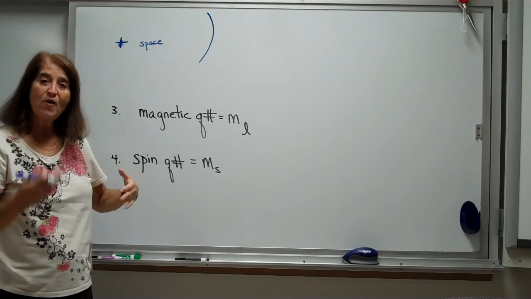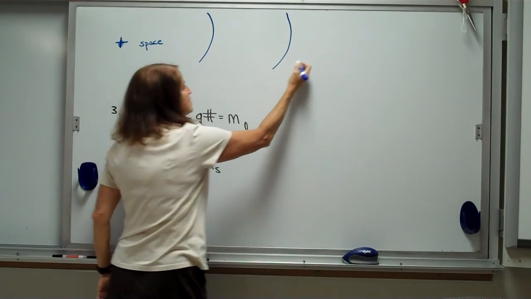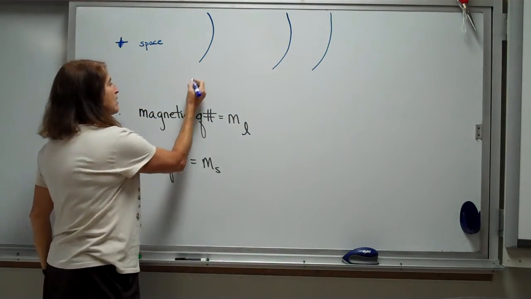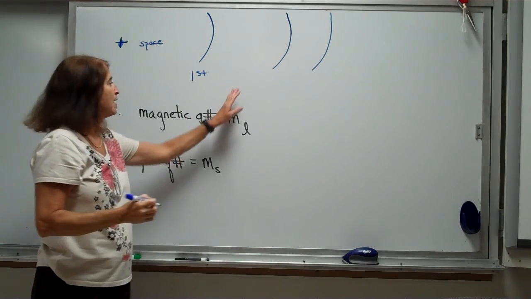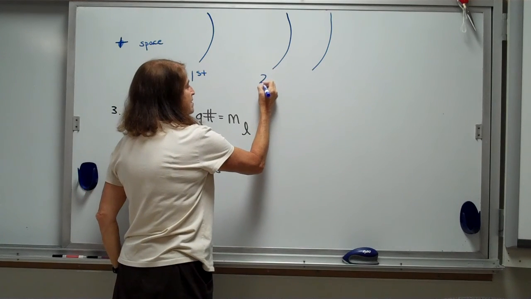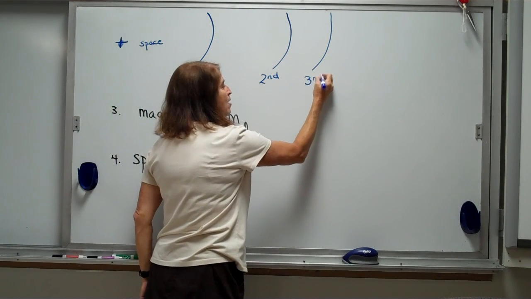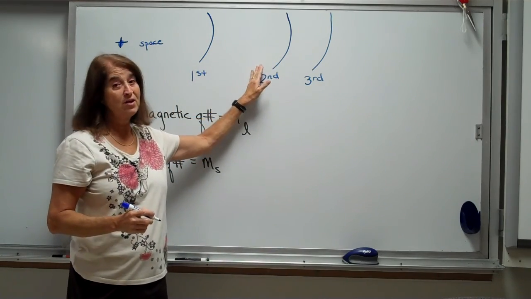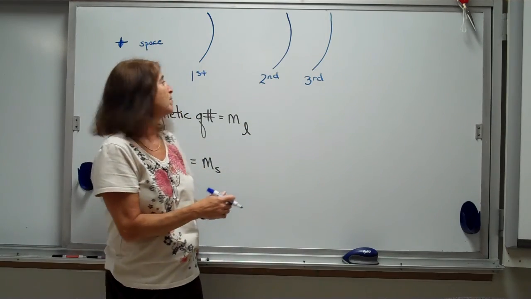Now, as you go further out and encounter other energy levels, something happens. I'm trying to draw these in perspective because here is Bohr's first energy level. Then farther out you'll see his second energy level, and then the third. Notice that the space between the energy levels decreases as you move farther away from the nucleus.